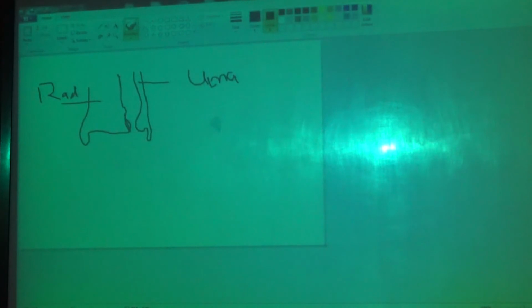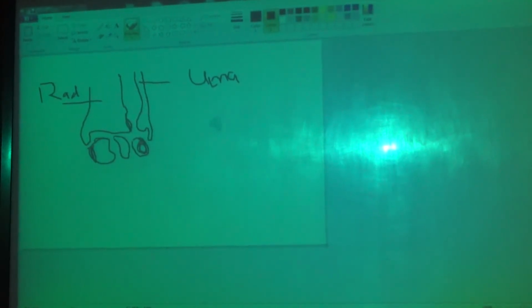Radius. Here we have, whatever the shape, no problem, scaphoid. What is this? Lunate. What is this? Triquetral. What is this in front over here? Pisiform. Pisiform in front, a small bone. 4 bones.